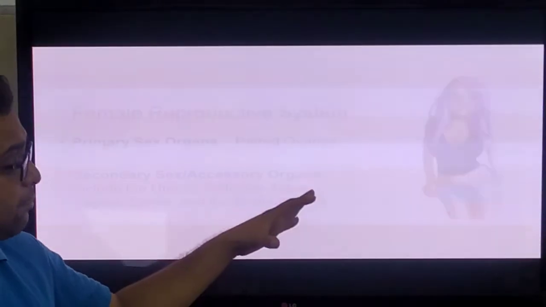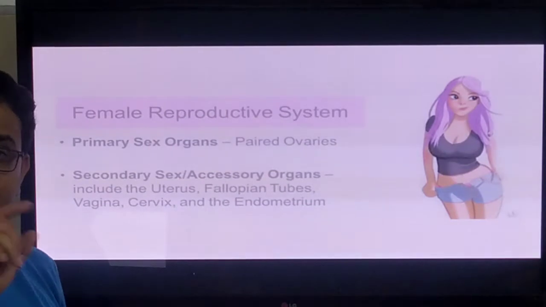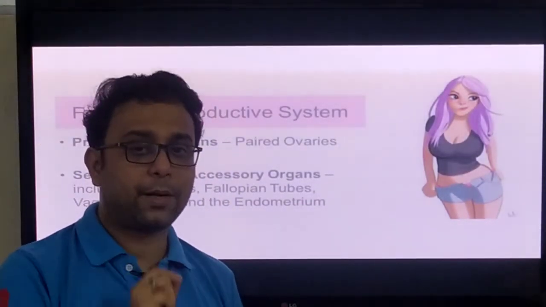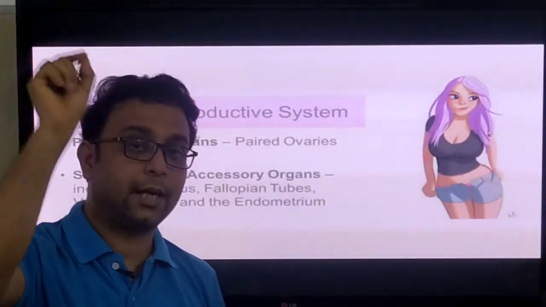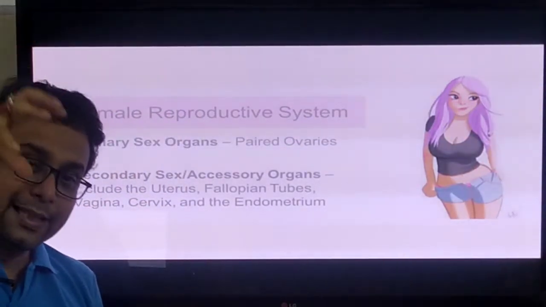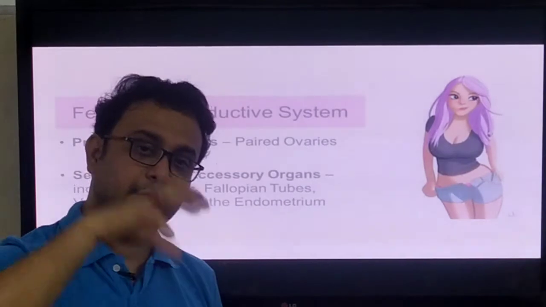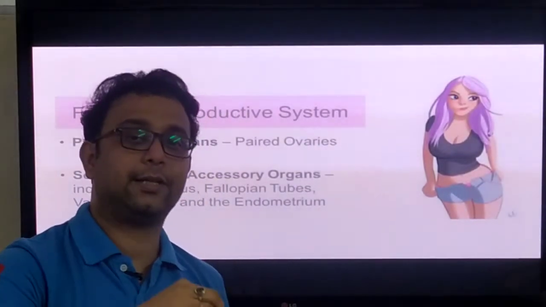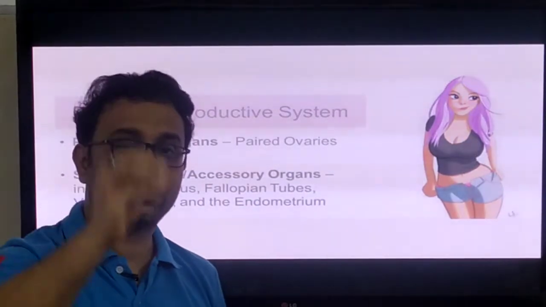In the seminiferous tubules, the most important cells are the spermatogonia. From the spermatogonia, the sperm cells are produced. So inside the testis, the seminiferous tubules are the main site for the production of sperm.